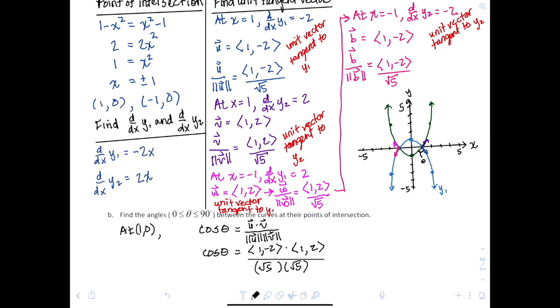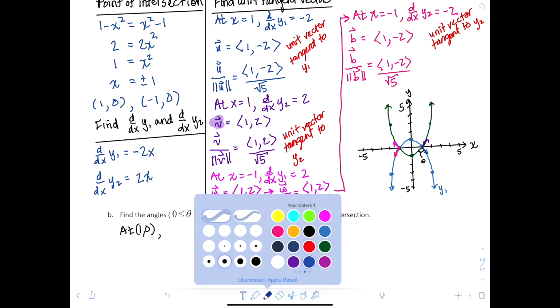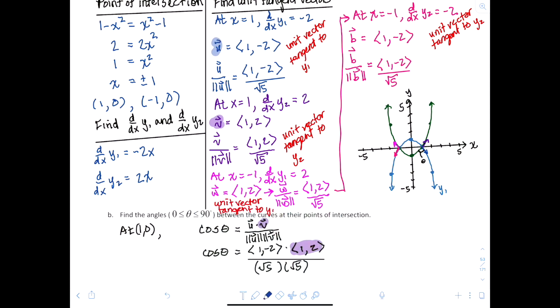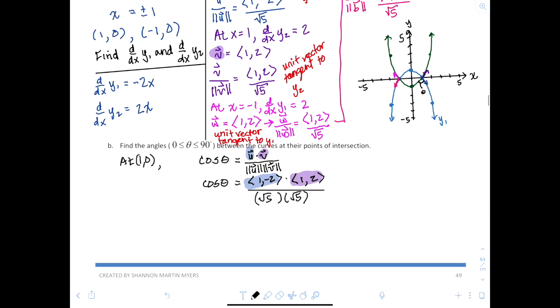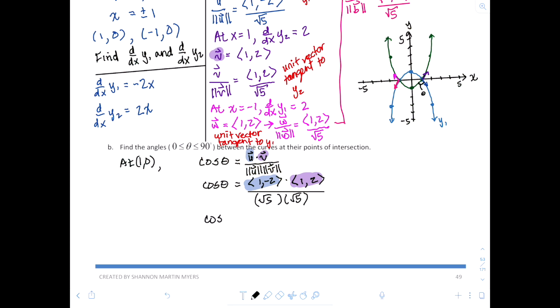Cool so far? Again, I got these from over here. The purple vector was v, and the blue vector was u. So continuing, cosine theta is equal to 1 times 1 plus -2 times 2, so I believe we'll get -3/5.